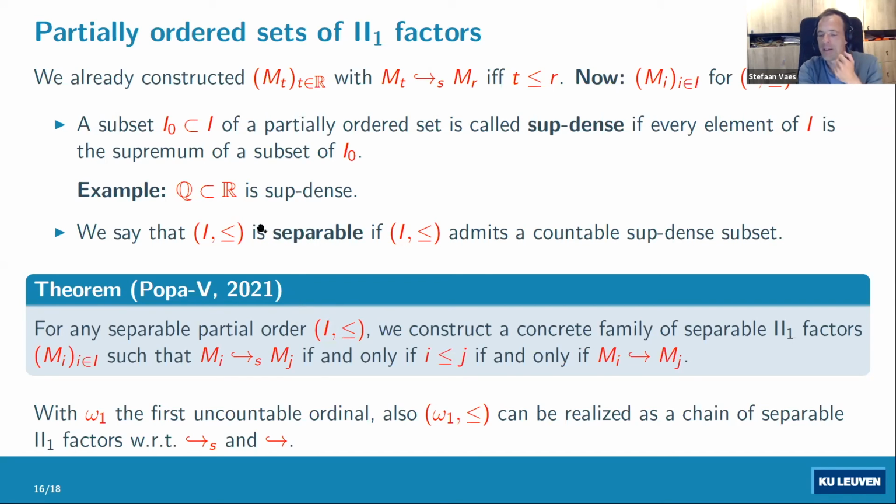And again, it's probably not worthwhile to go into details here. You may invent yourself a good notion of separability for a partially ordered set. And it's exactly for these separable partial orders that you can realize them as partially ordered families of separable II_1 factors.